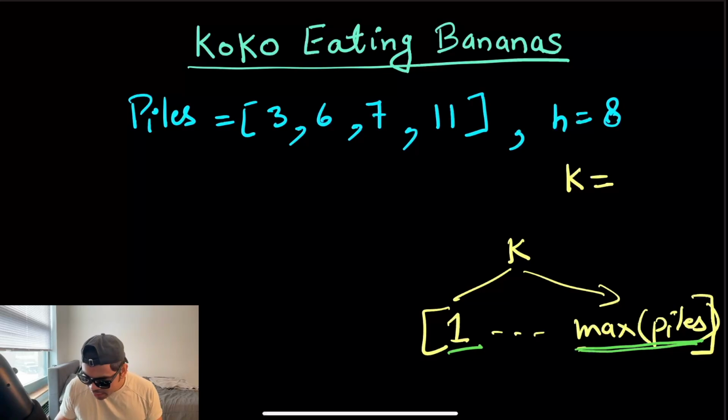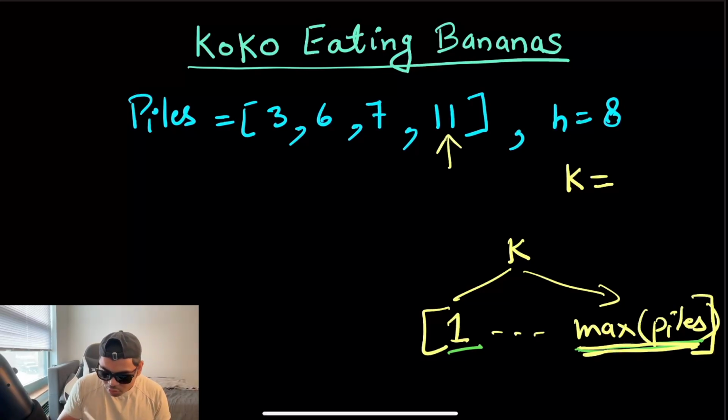But the maximum rate we would want her to eat every hour is the maximum from the piles, because why would you want any value bigger than that? If we choose the maximum from the piles, she can finish all the bananas on that pile in 1 hour. So the k value is going to be between 1 and the max of the piles.